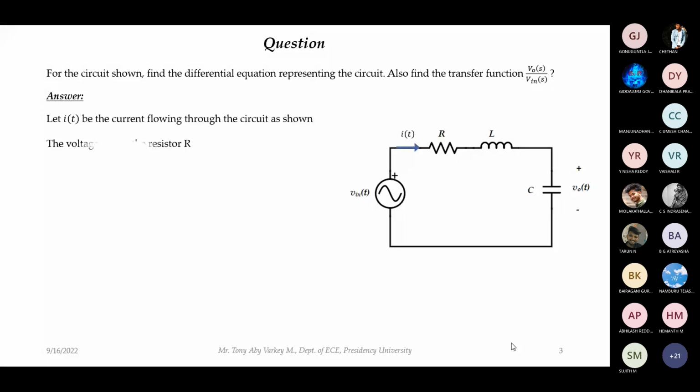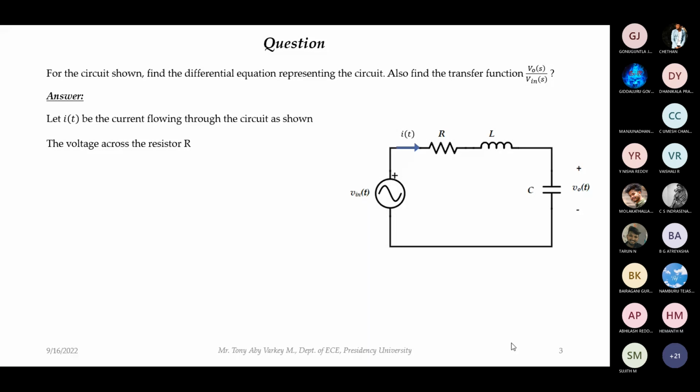Now tell me, what will be the value of the voltage across the resistor R? VR of t will be equal to I of t into R. Correct, R into I of t.